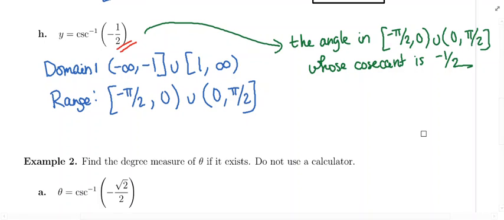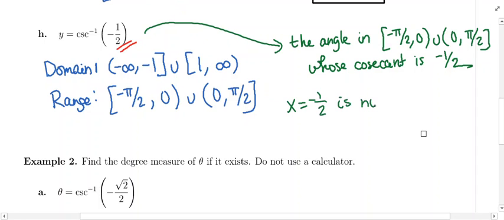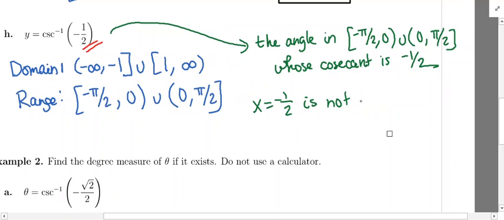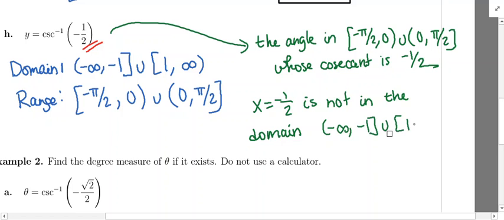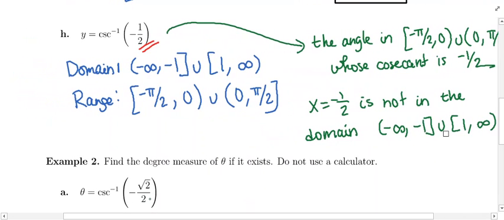I'm going to write here that x equals negative 1/2 is not in the domain, which is this. Since this was not a valid input, we can conclude that the cosecant inverse of negative 1/2 is undefined.